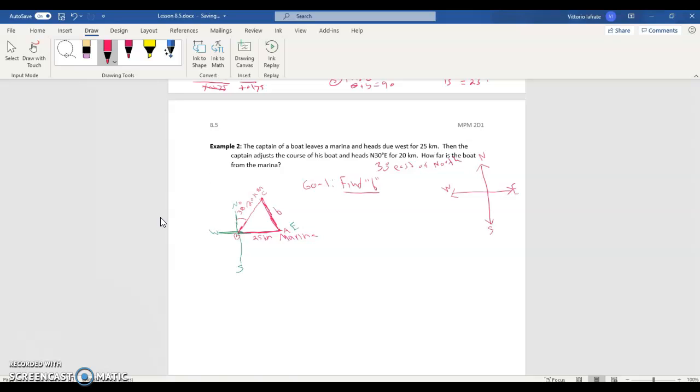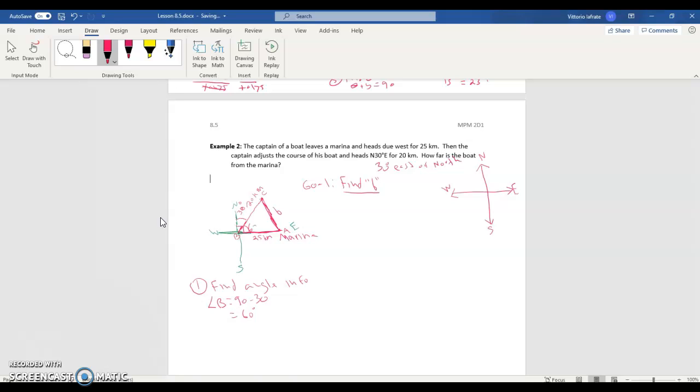So our first step would be, let's fill in some angles. Find angle info. We can actually find angle B because angle B in the triangle plus this 30 will equal 90. So angle B is equal to 90 minus 30, which is equal to 60 degrees.